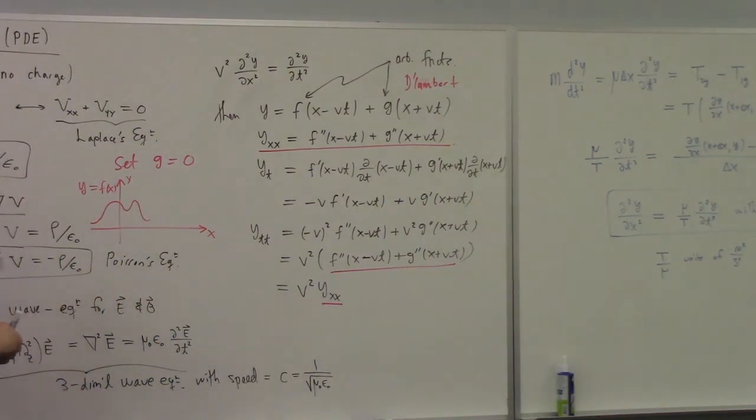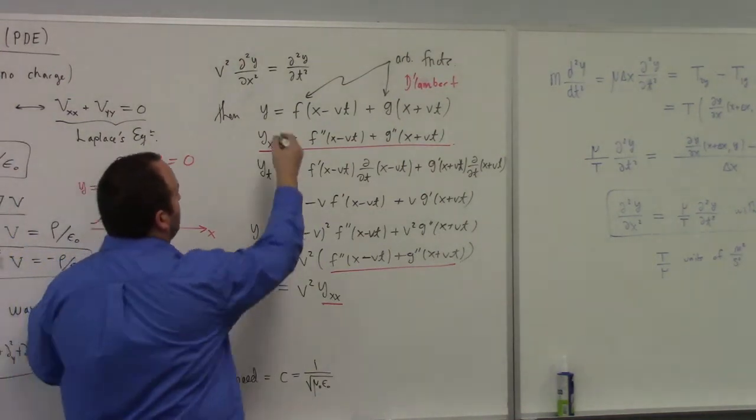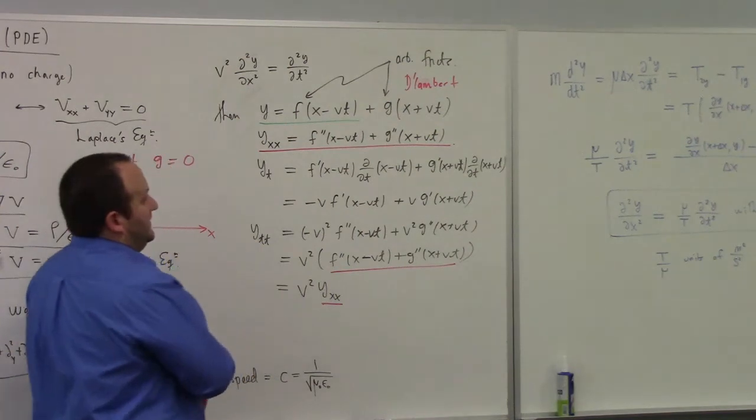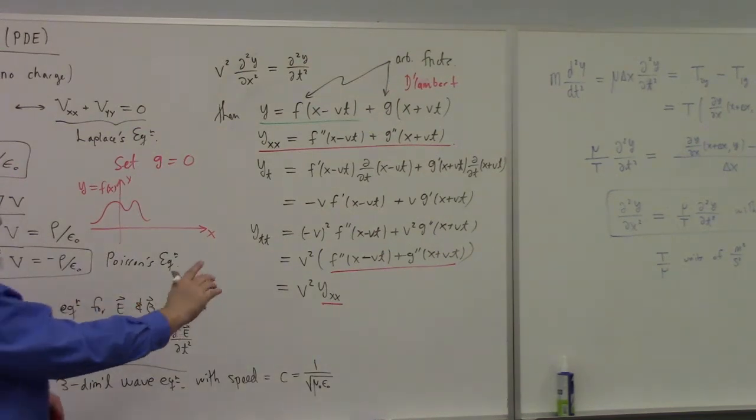So we can think about the solution to the wave equation by animating it. I'll use color coding to animate it at a future time. You've got y equals f of x minus vt. So what is that? That's the graph y equals f shifted to the right, vt units. So it's exactly this traveling waveform.